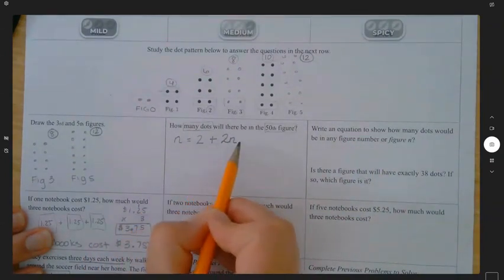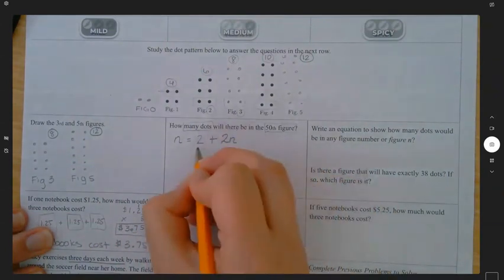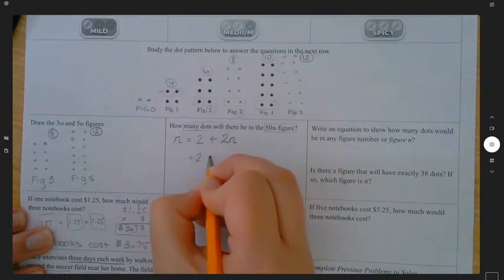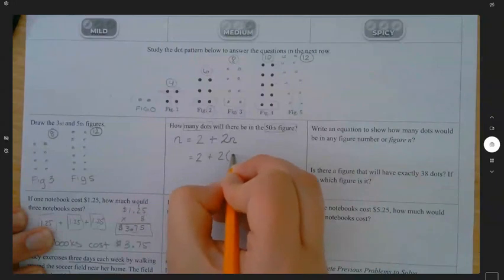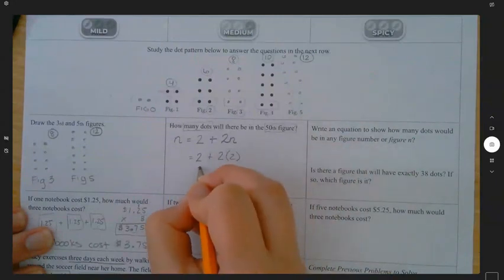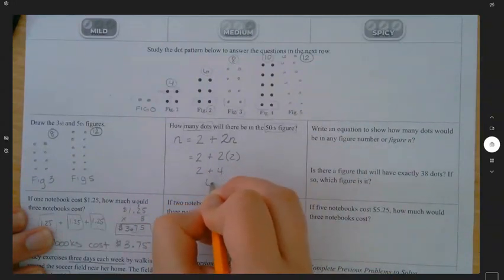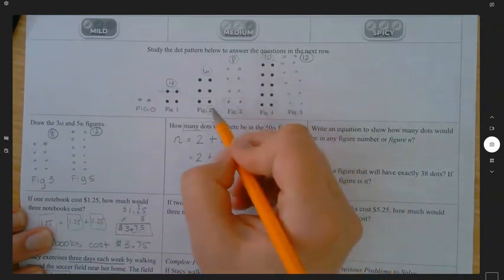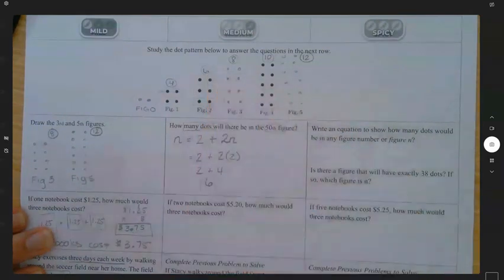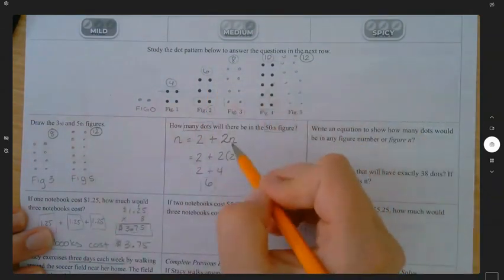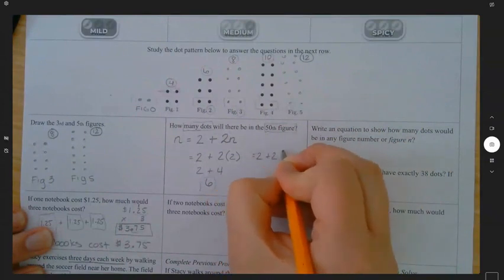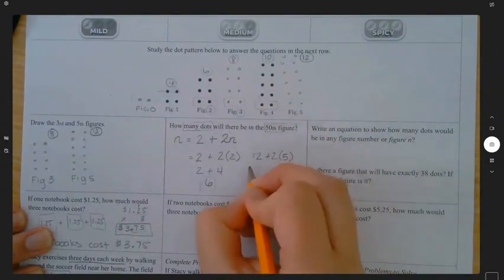So let's check it and see. So if I have figure number 2, that would be 2 times 2. And in figure number 2, is that how many we have? 6. We can try another one. Let's say figure 5. We would have 2 plus 2, figure number 5.